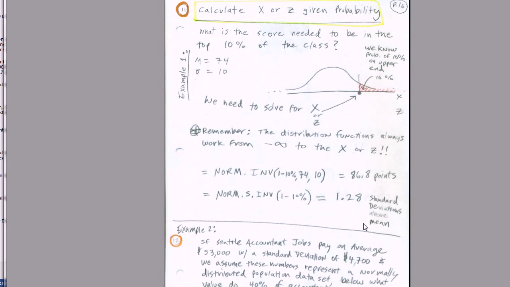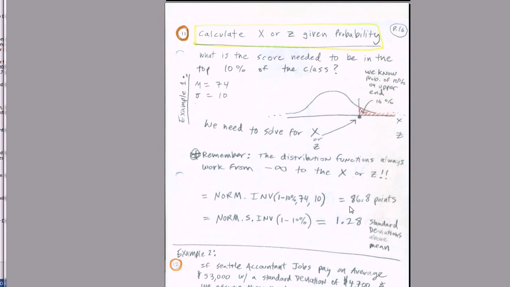Scroll down here, and the last example we'll have to deal with is, what if we need to know an x? Notice here I want to know what is the score needed to be in the top 10% of the class. Remember, area under the curve is probability, so that is going to be equal to 10%. Well, I can't throw in 10% because the function goes from the left, so the function would think you're right here.